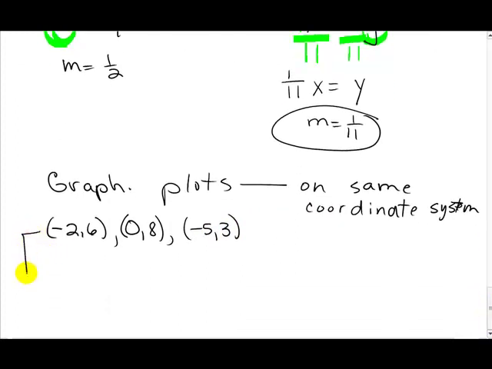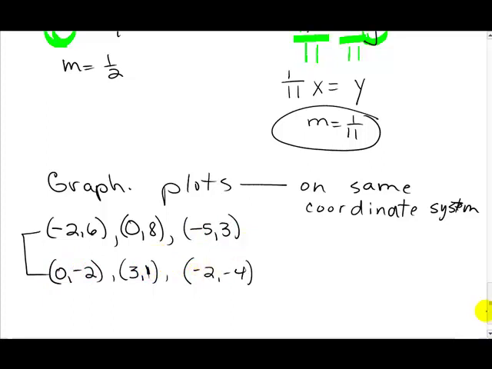I want you to graph these 3 points and then these 3 points. Let me check my numbers. Negative 2, 6; 0, 8; negative 5, 3; 0, negative 2; 3, 1; and negative 2, negative 4.